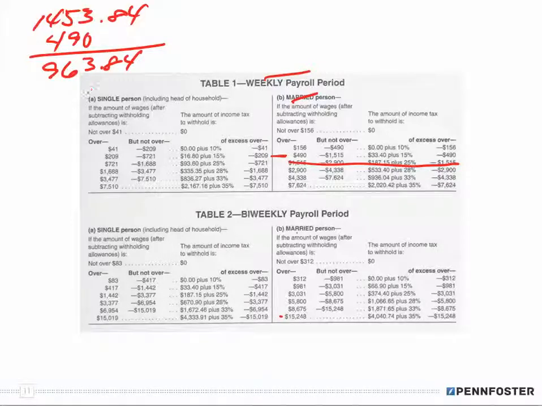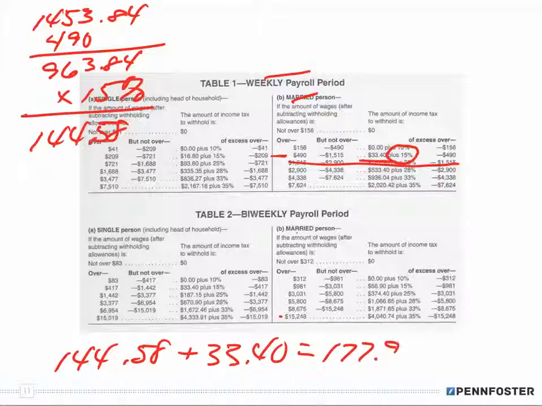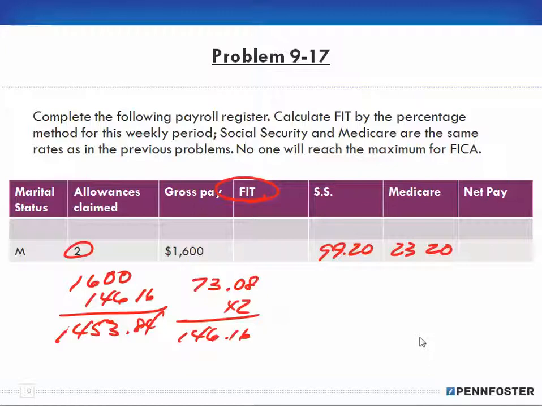And we take 15% of that amount, and 15% of that amount is 144.58. So we're going to add the 144.58 because this is plus 15% here. And on the 490, we're using the flat rate of 33.40, plus 33.40, and that's going to give us a total of 177.98.